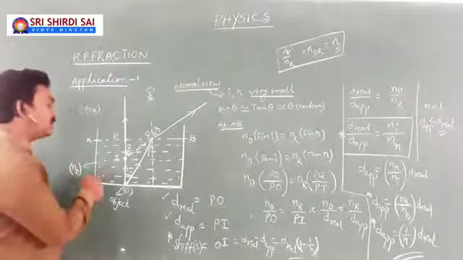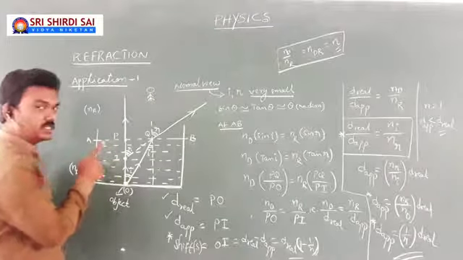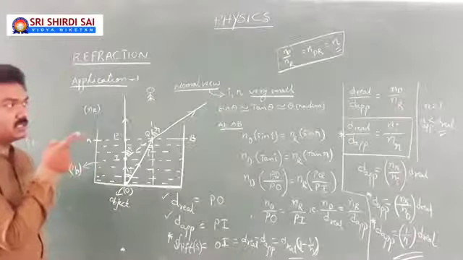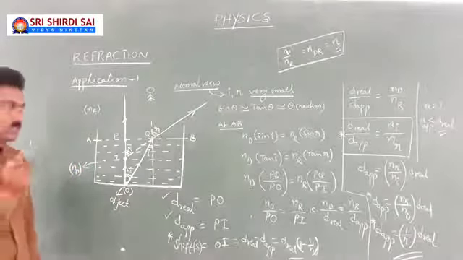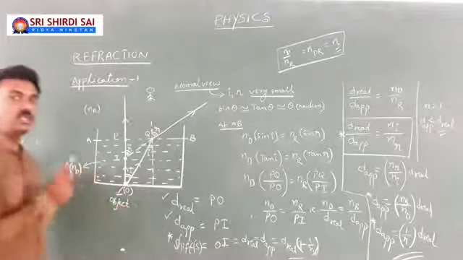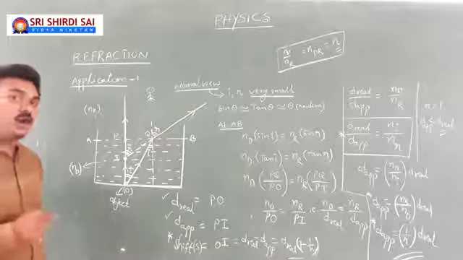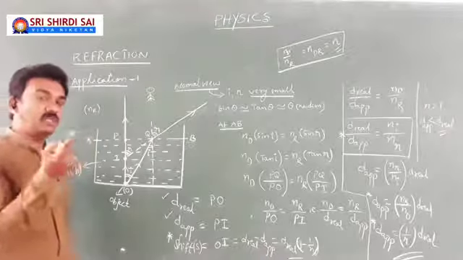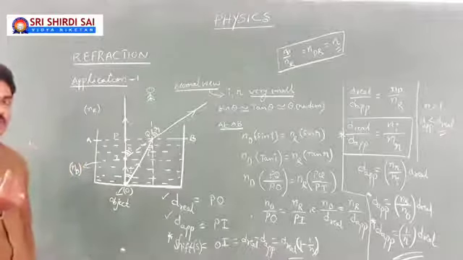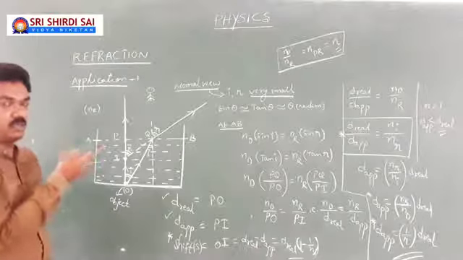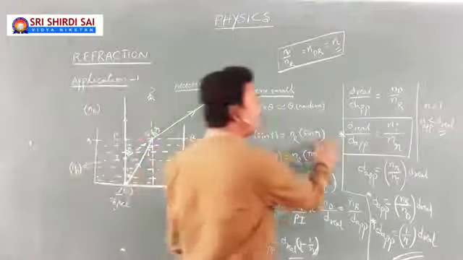Then the real distance will be more than the apparent distance. And there is a relation between real distance and apparent distance. Here is the formula for the shift in the position of the object. Sir, if the object is in rarer medium, observer in denser medium, wait, we'll discuss. But from this concept only we'll discuss.